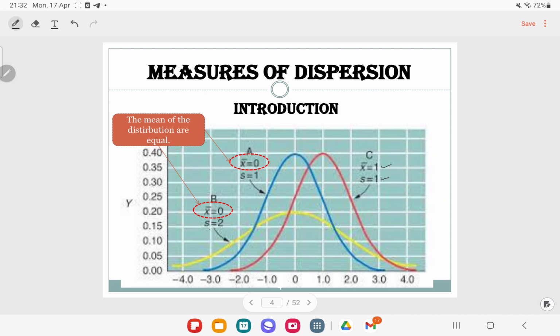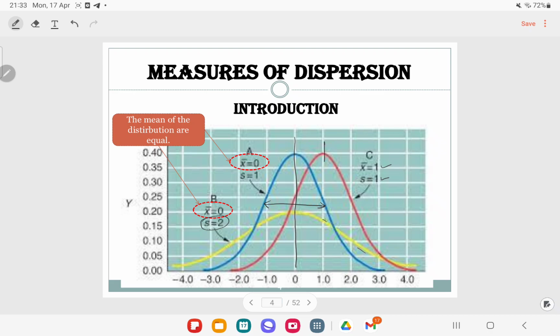Meanwhile, for the B distribution, represented by the yellow line, the mean value is equal to 0, equivalent to the A distribution. However, the spread of the variable is different, where we have 2 here. You can see the center value for B, and also the spread of the A distribution is not wide.